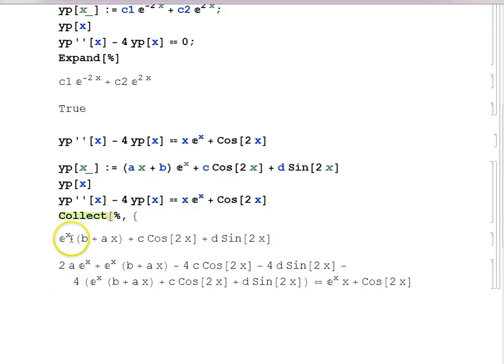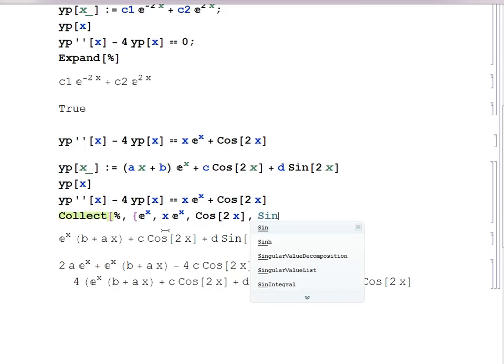I got an e to the x term, an x e to the x term, a cosine of 2x, and a sine of 2x.